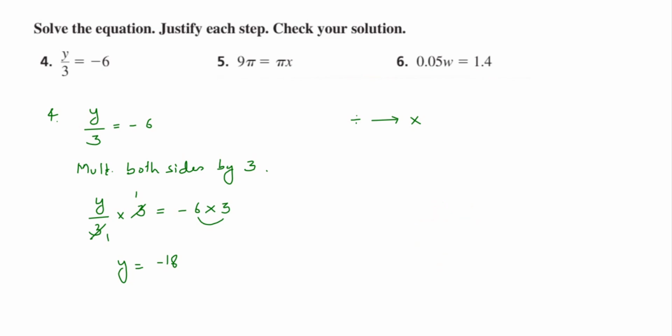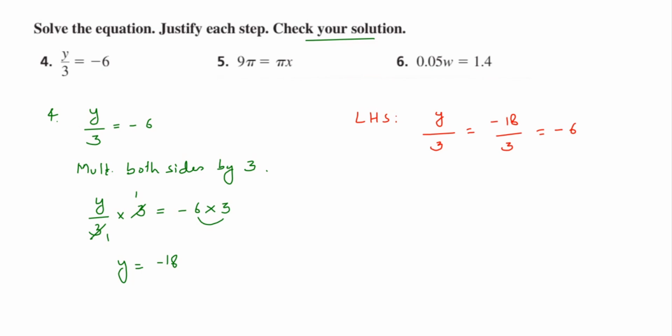Now this is the y value. We got y equals minus 18, and we have to check the solution. Check the solution means we have to check whether LHS and RHS are the same. So let's take LHS, which is y divided by 3. The y value is minus 18, so minus 18 divided by 3. 18 divided by 3 is 6, and here we have only one negative sign, so you put a minus sign there. The same rule we use for multiplication applies here.